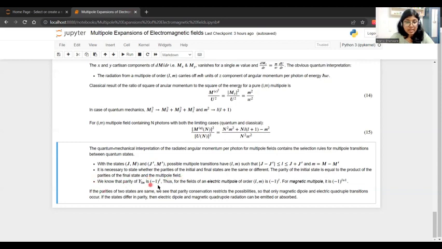We know that the parity of the electric multipole is minus 1 raised to power l, and thus the parity for an electric multipole is minus 1 raised to power l and for a magnetic multipole is minus 1 raised to power l plus 1. So if the parities of the two states are the same, we see that parity conservation restricts the possibilities so that only magnetic dipole and electric quadrupole transitions occur. If the states differ in parity, then electric dipole and magnetic quadrupole radiation can be emitted or absorbed.